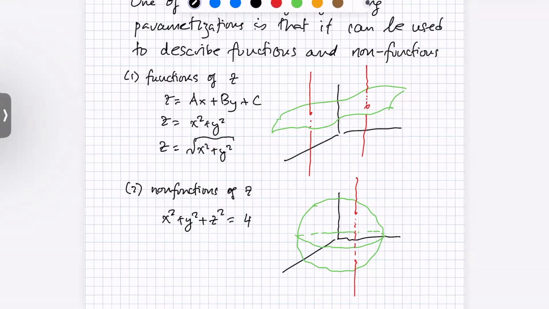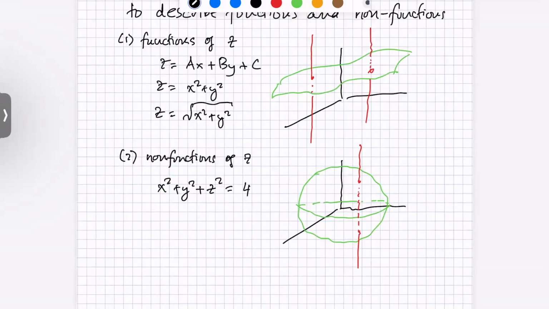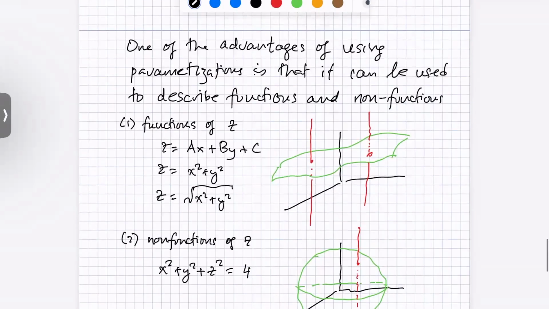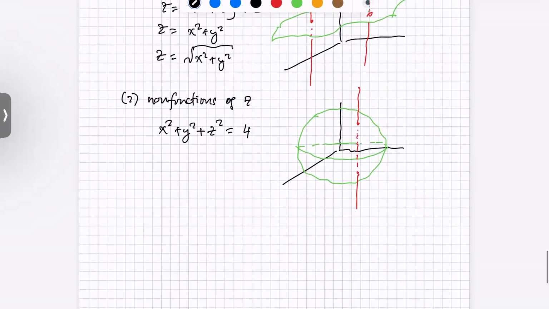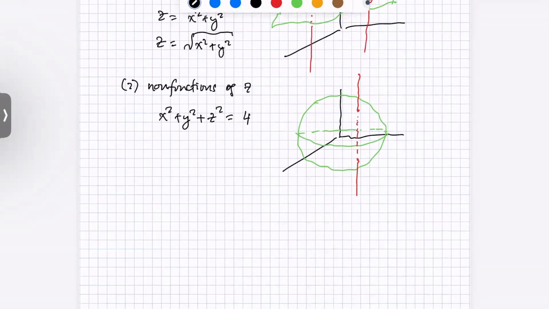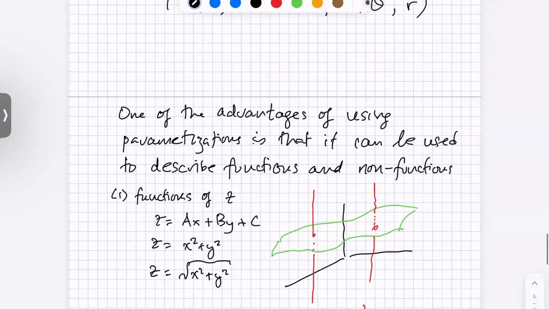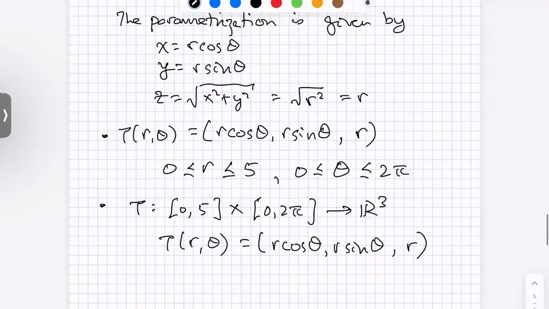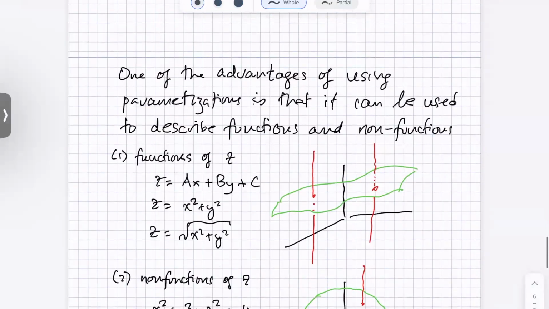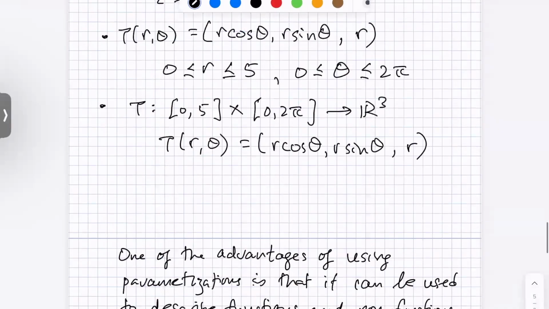But it turns out that it's still a surface, and you can still describe it in a parametric way. So we're going to be talking about that in just a moment, right? So let's talk about cylinders. All right, so let's actually call this A and B, and then we're on example 4.